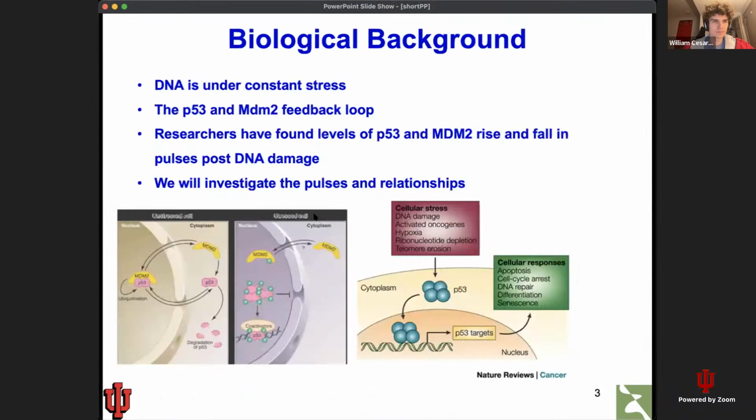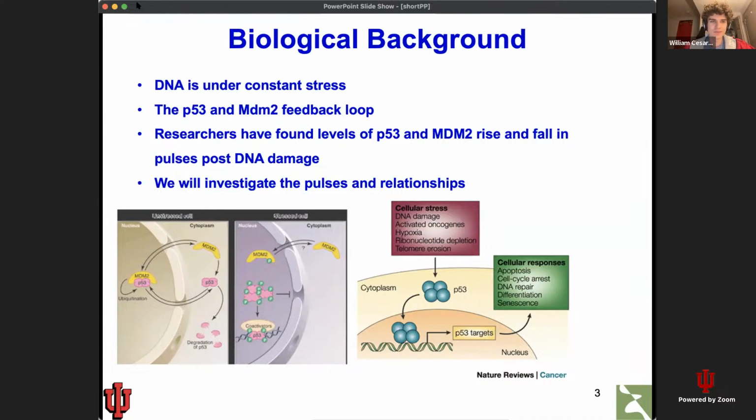Okay. So here's a quick biological background slide because I think I had a lot last time and I just wanted to make it short. So DNA in our cells is under constant stress from many environmental factors, and so our cells have created complex mechanisms to combat this DNA damage.